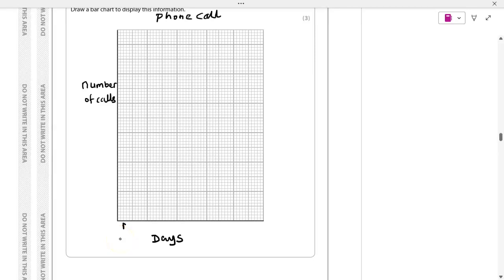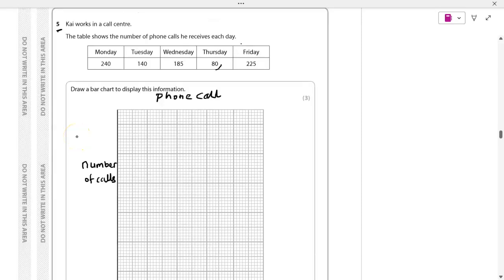So Monday will be here, Tuesday will be here, Wednesday will be here, Thursday, and then Friday. So from the table, the lowest call is 80 calls and the highest is 240 calls.